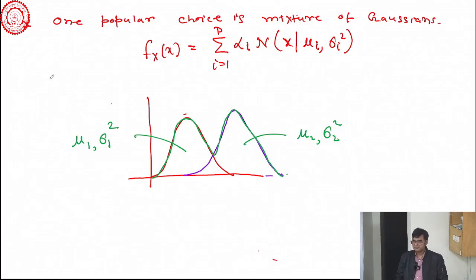So now, with the concept of the mixture of Gaussian, you can go back and look into the autoregressive generative NADE and see what changes we are going to make in NADE.